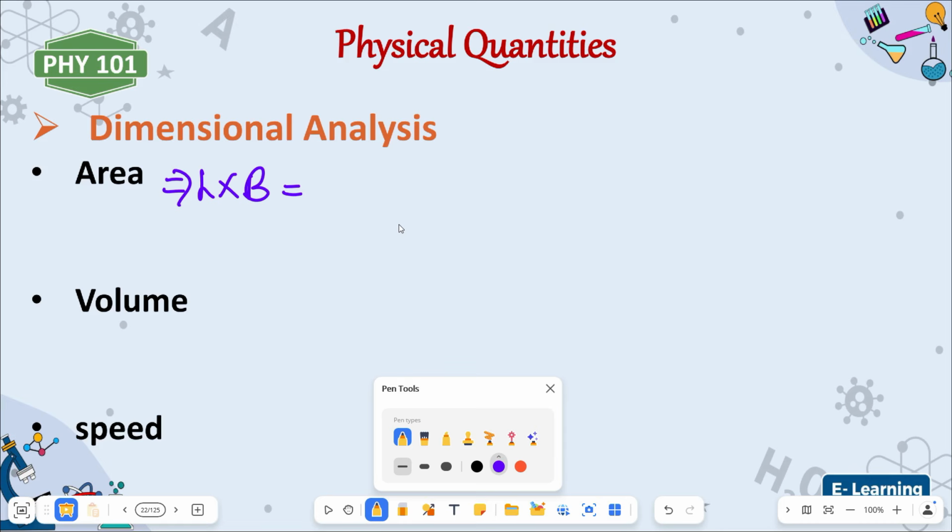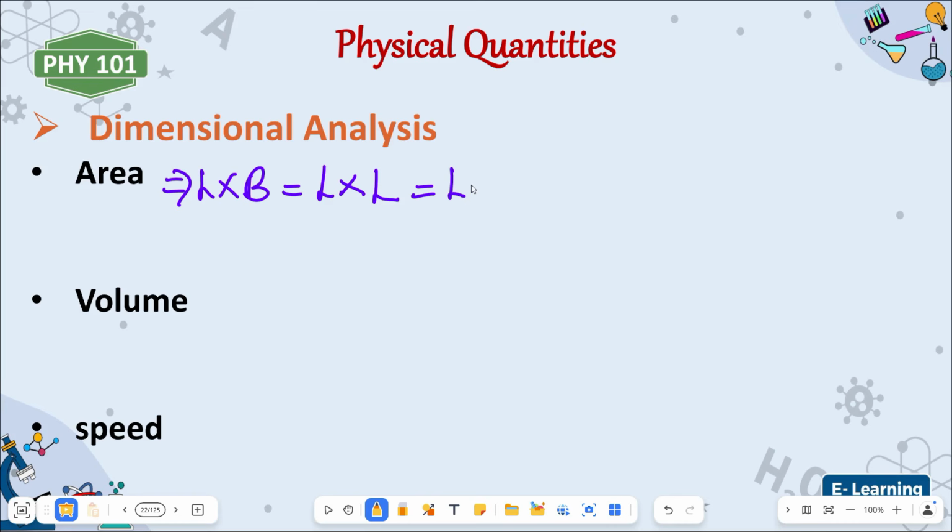So if you see breadth, the distance between where you are, anything that has to do with measuring distance is length. So if I have length times breadth, it also means length times length. The dimension for length is capital letter L. Dimension for breadth is also capital letter L. So this gives us L squared. That is the dimension for this.